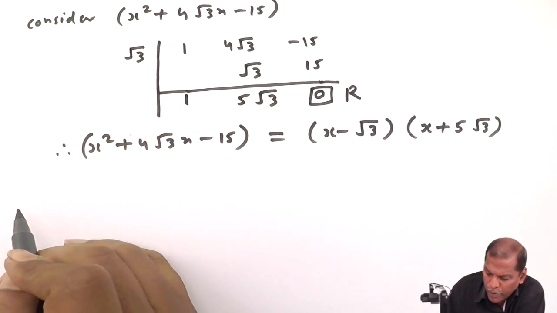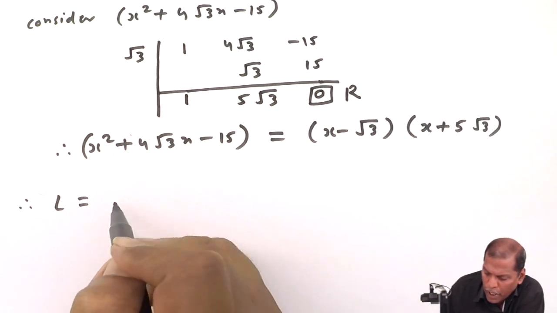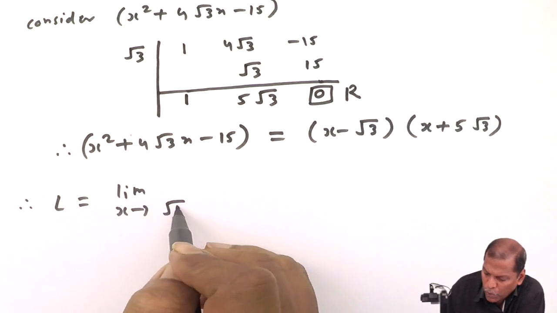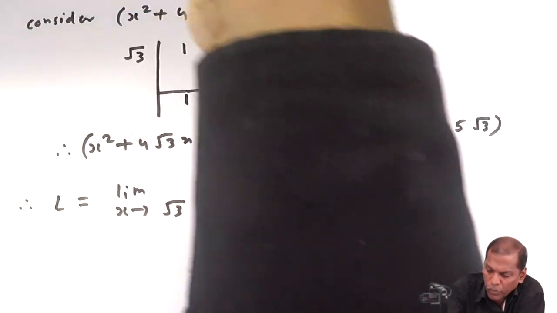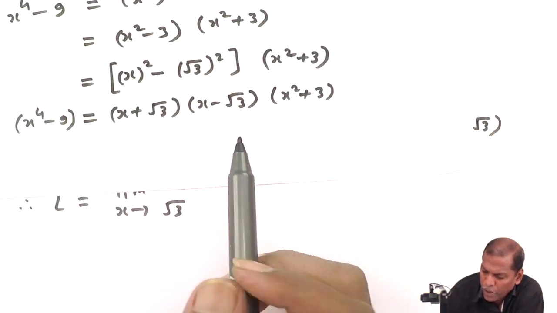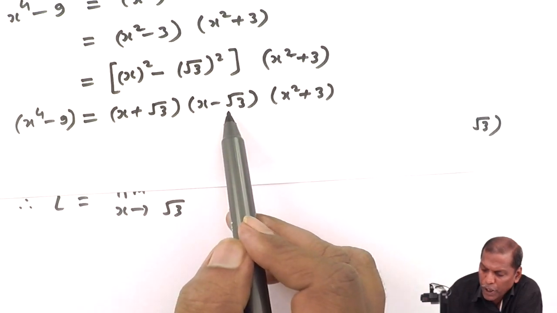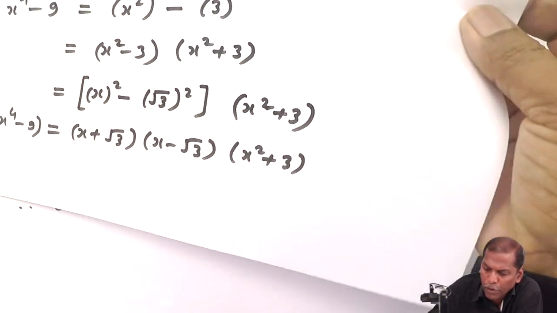Therefore the next step will be L is equal to limit x tends to root 3. For the numerator, we write (x plus root 3)(x minus root 3)(x square plus 3).